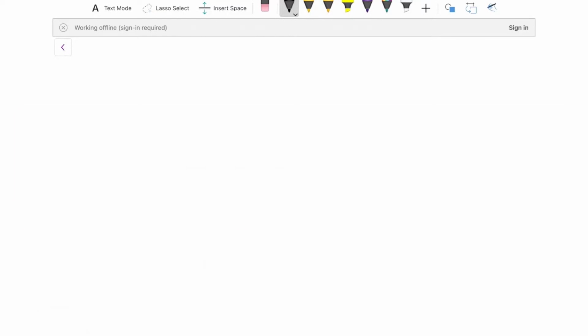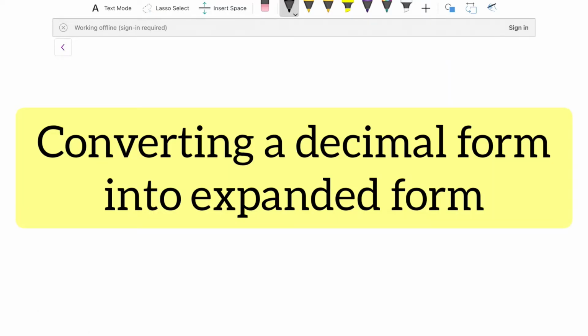Alright, now let's see how you can convert a decimal number into the expanded form. Let's take an example: 325.1364. How can you write it in its expanded form?